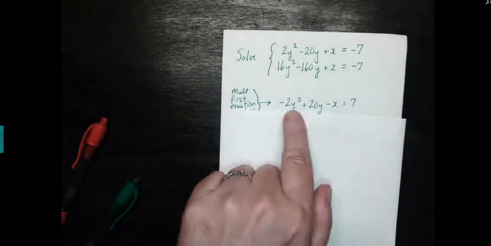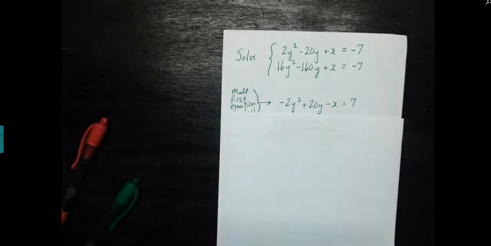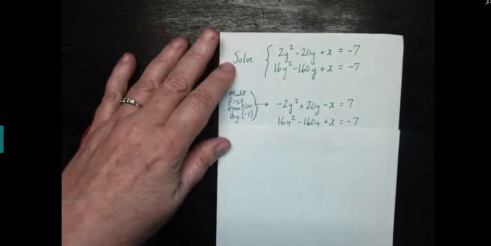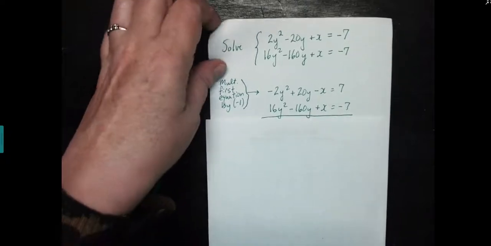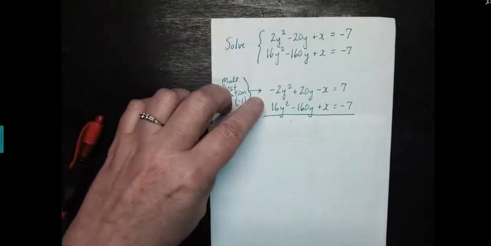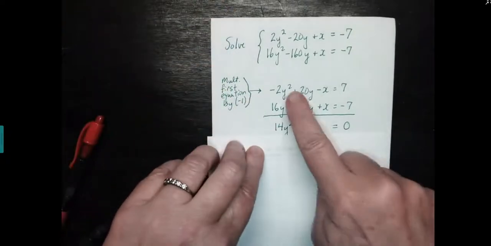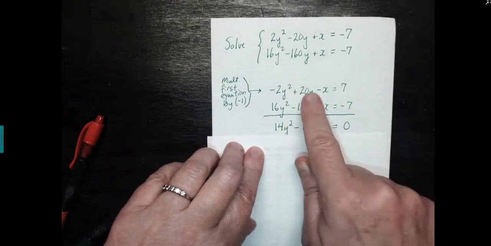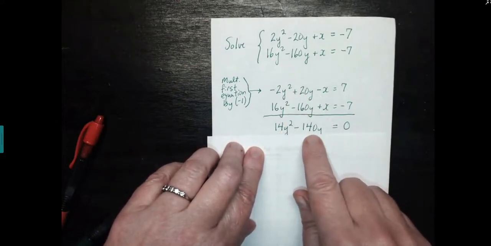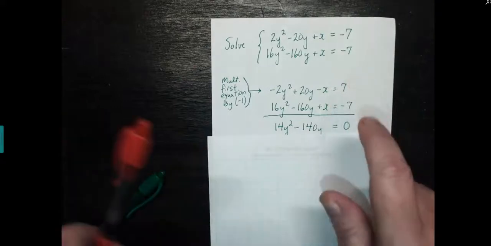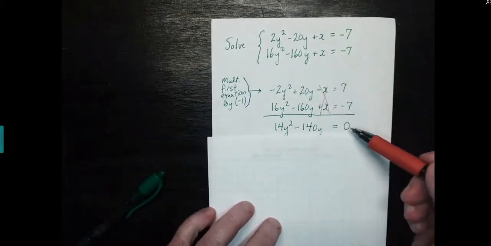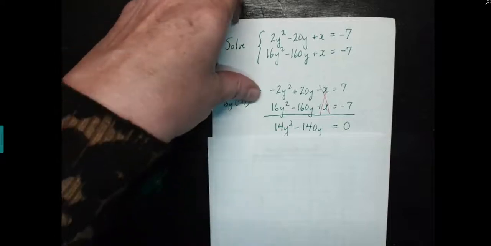And then taking this new equation and adding it to the original second equation, making sure that everything lines up properly. So when I add these together, that's going to give me 14y squared, and those two will give me -140y. The x term is eliminated, and when I add these two terms together I get 0.